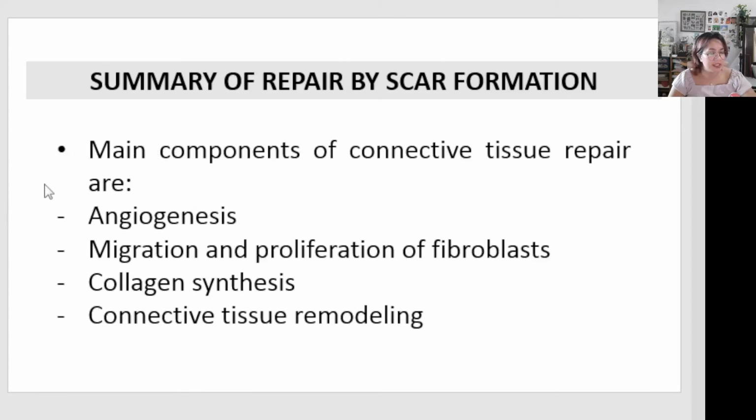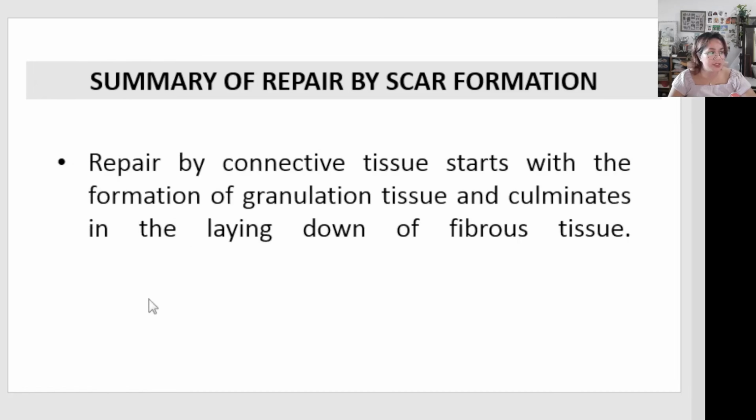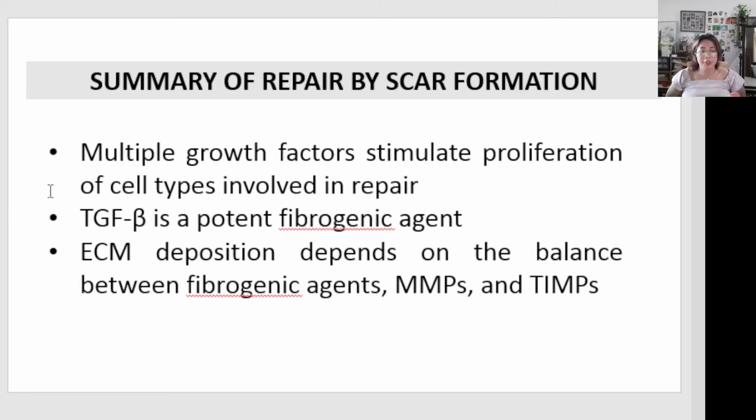The main components of connective tissue repair are angiogenesis, migration and proliferation of fibroblasts, collagen synthesis, and connective tissue remodeling. So, repair by connective tissue starts with the formation of granulation tissue and culminates in the laying down of fibrous tissue. So, multiple growth factors stimulate proliferation of cell types involved in repair.